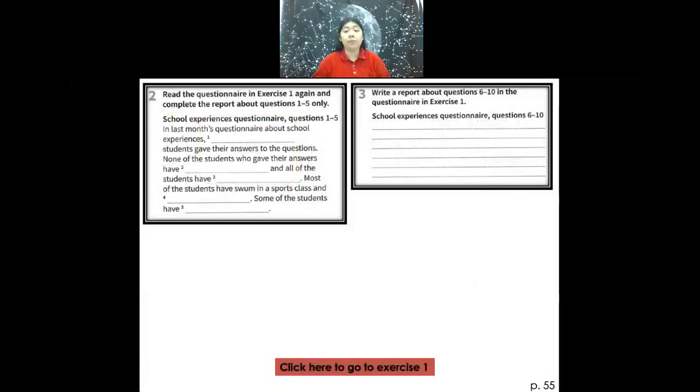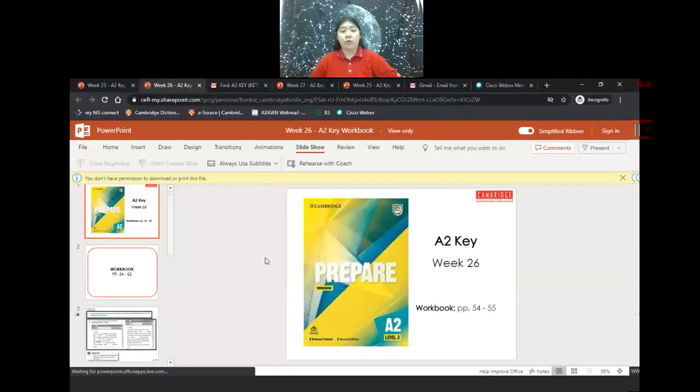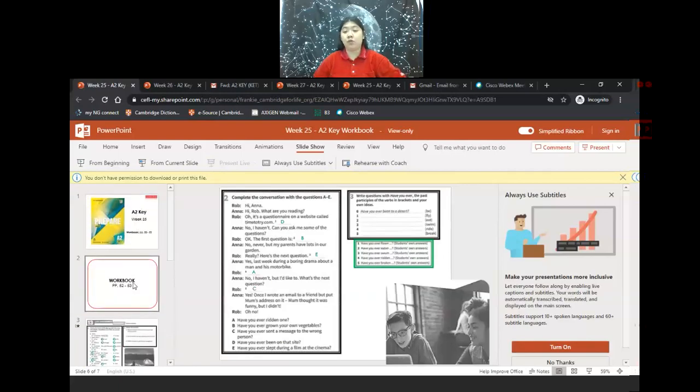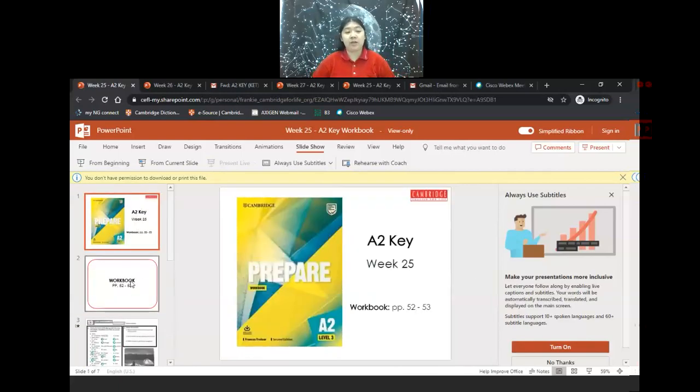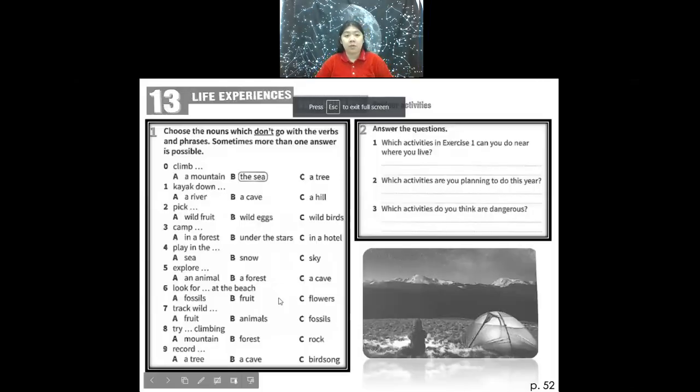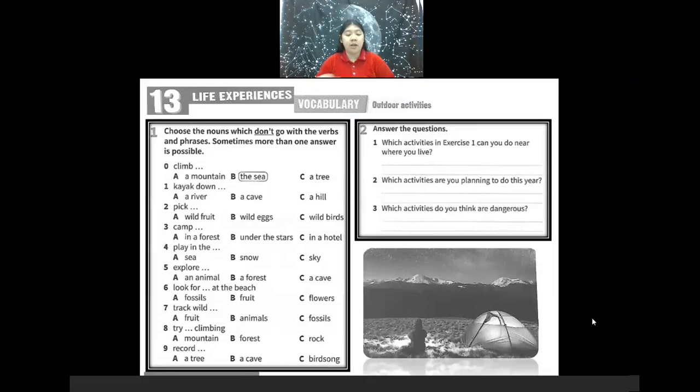All right, if we're ready, let's do the first one, which is pages 52 to 53. The first one here is on the words that we learned in this unit, the vocabulary one. If you need to, you can go back to your student's book on page 76.